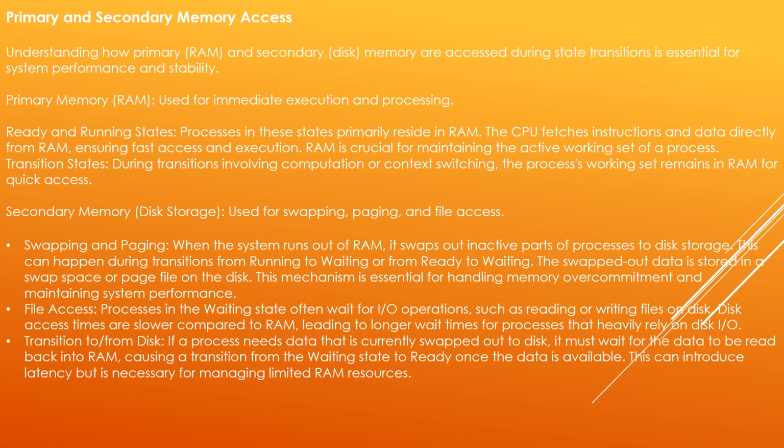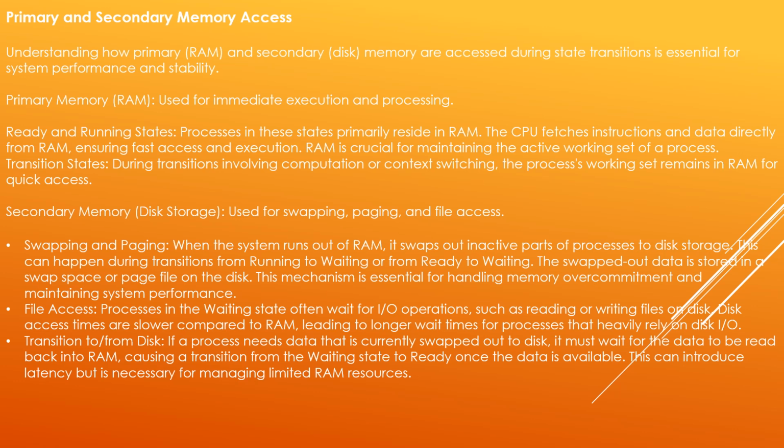This can happen during transition from running to waiting or from ready to waiting. The swapped out data is stored in a swap space or page file on the disk. This mechanism is essential for handling memory overcommitment and maintaining system performance.